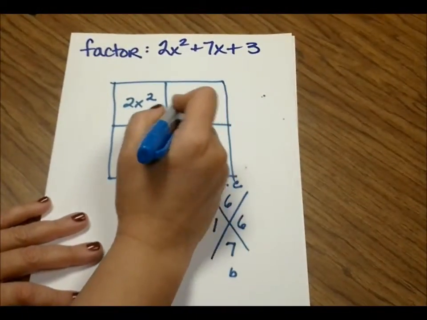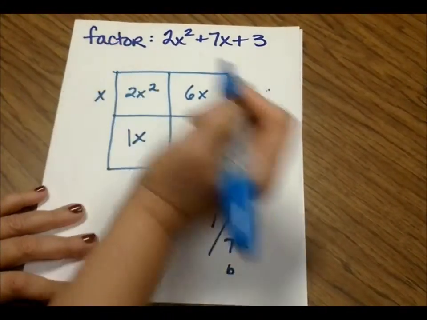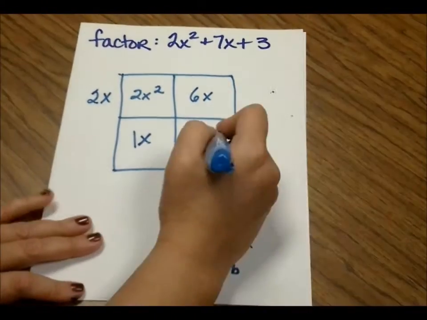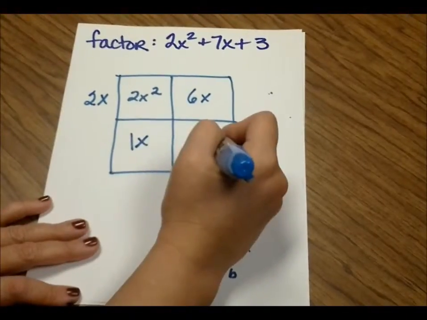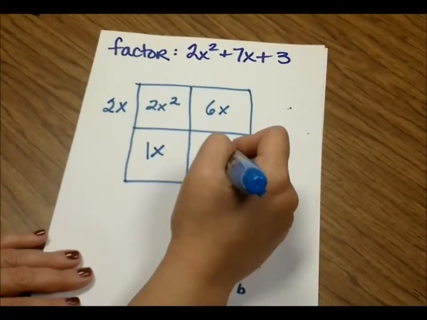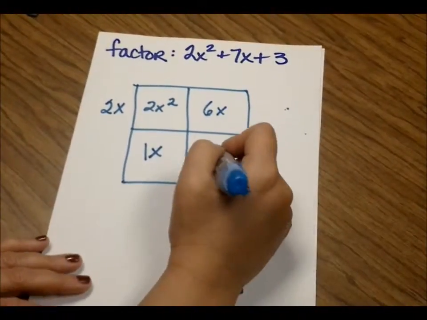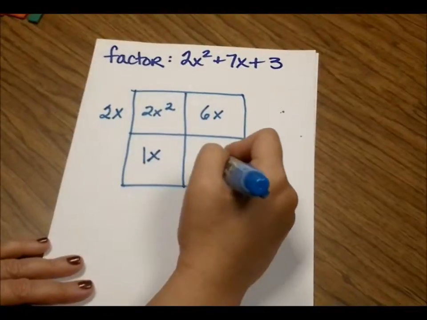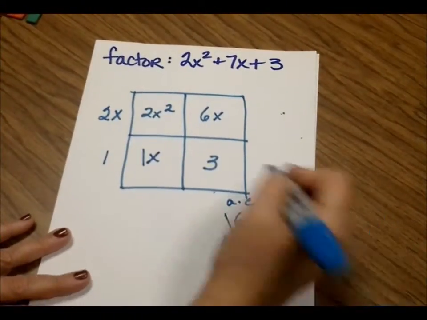When I look across and say, what do these two have in common? Not only do they have x in common this time, they have the 2. What factors do these two have in common? And the students may not see at first that everything has the factor of 1 in common. And so you may need to help them understand that the factors of 3 are 1 and 3. So I have a 1 in common here.